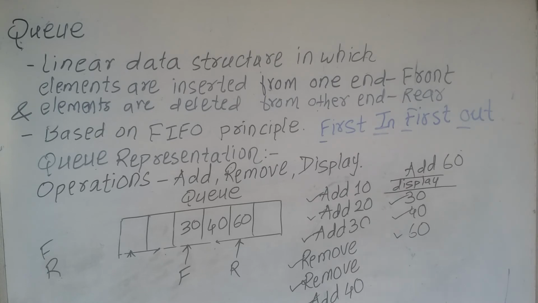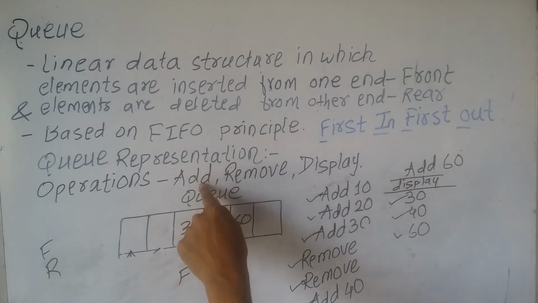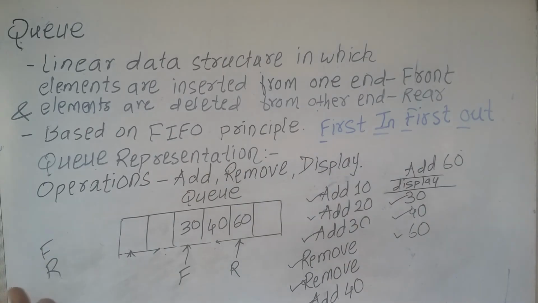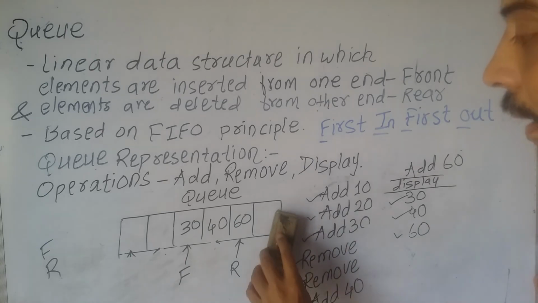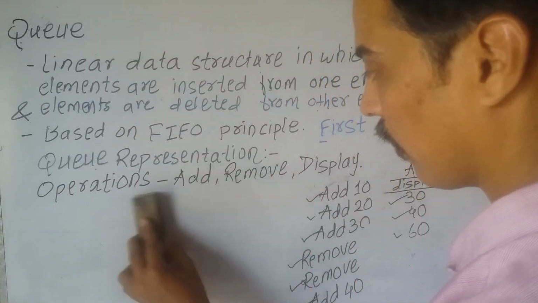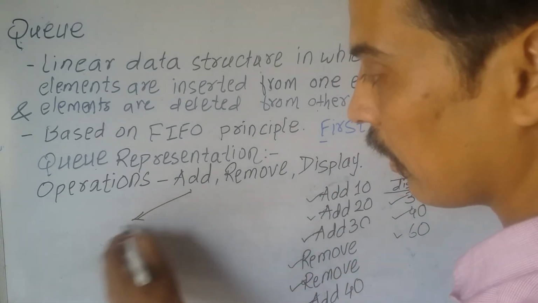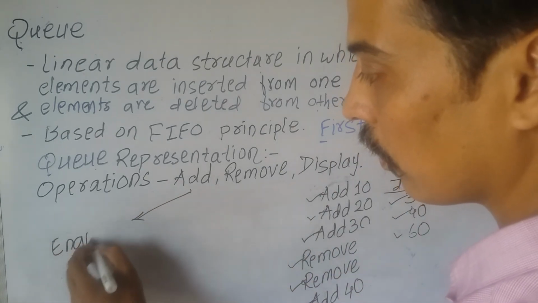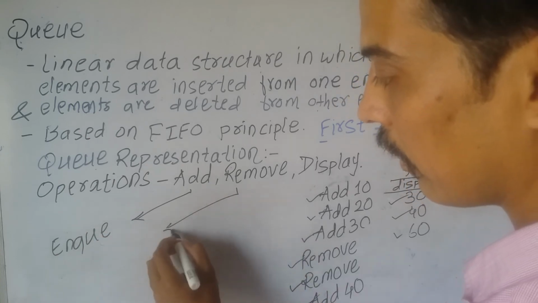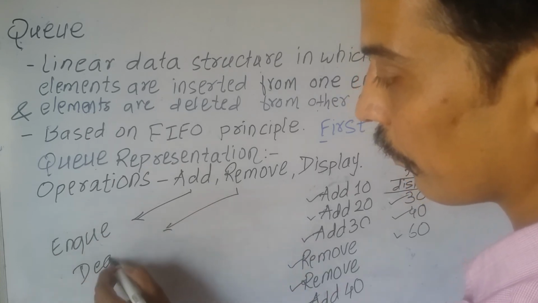So whenever we are going to write down the program for queue, we have to write down the three functions mainly: add, which is generally called as adding the elements in the queue; remove, removing the elements from the queue; and display function. This add and remove are also called as enqueue and dequeue.